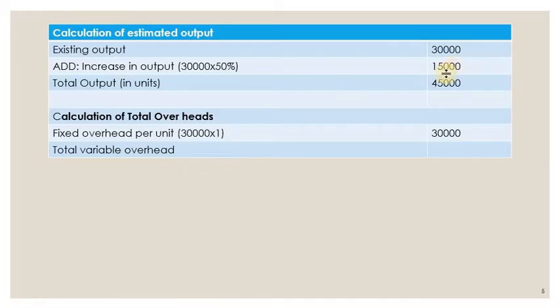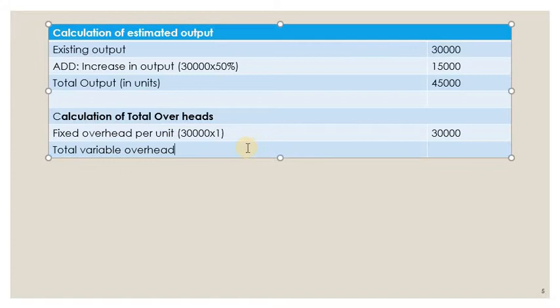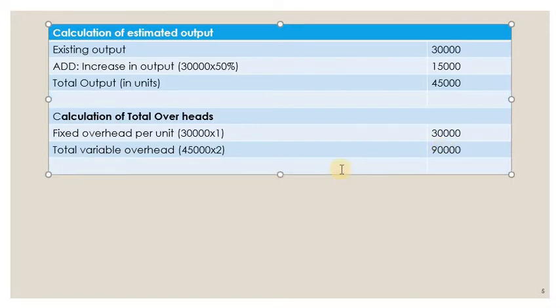Here total units of production is 45,000, so 45,000 into 2, total 90,000. Therefore total overhead is 90,000 plus 30,000, so 1,20,000 is the total overhead. So that we have calculated.